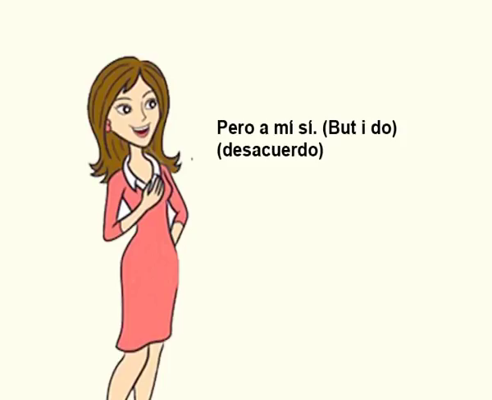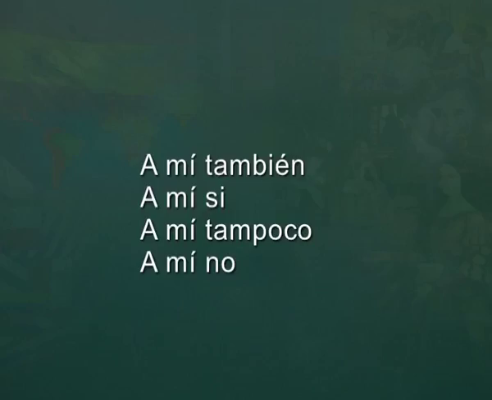Paula, but she likes coffee. So she says, pero a mí sí. A mí sí. Of course I do. I do like. So you know how to agree or disagree with what has been said. So you have también, tampoco, a mí también, a mí sí, a mí tampoco, a mí no.